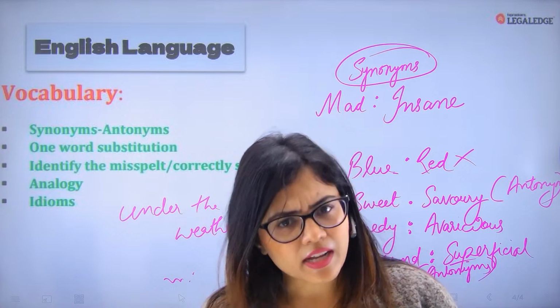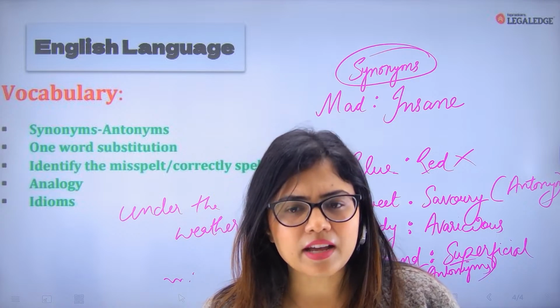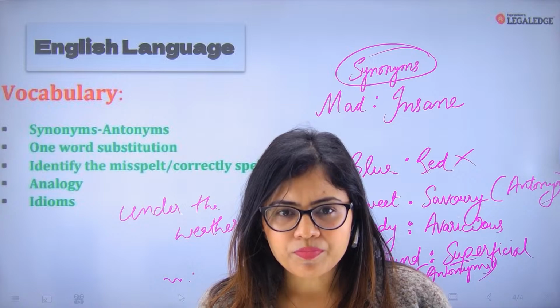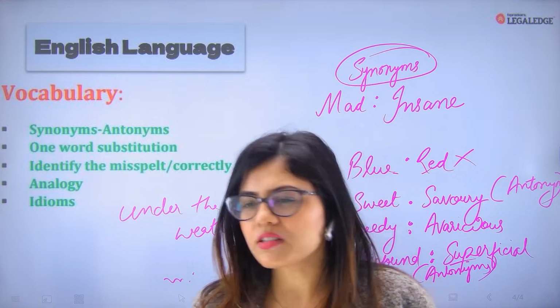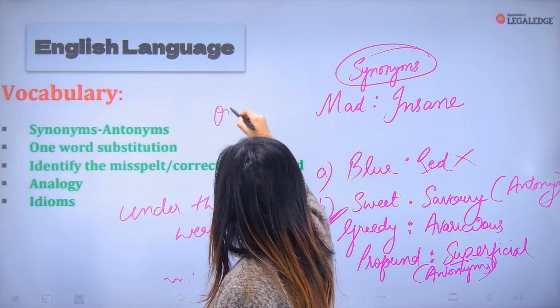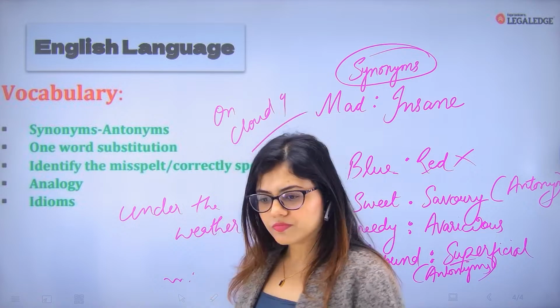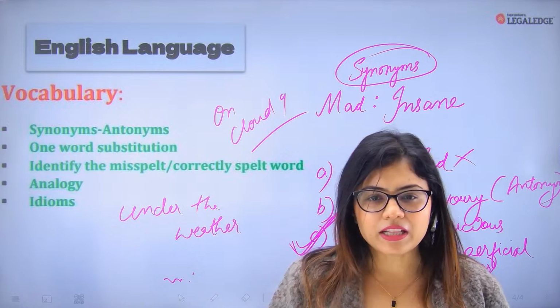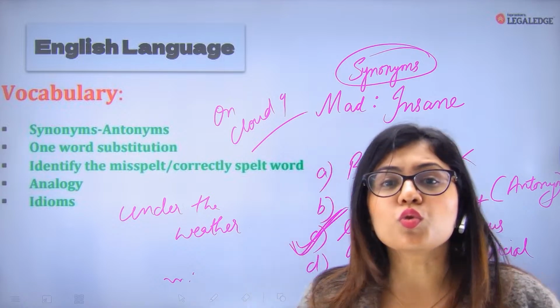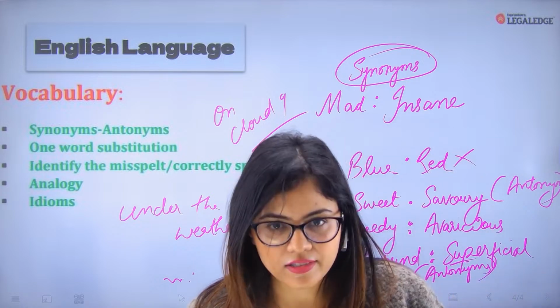And for example, when you clear the MHCET exam, you all will be on cloud nine. What is the meaning of on cloud nine? It means you are going to be super happy, super excited.